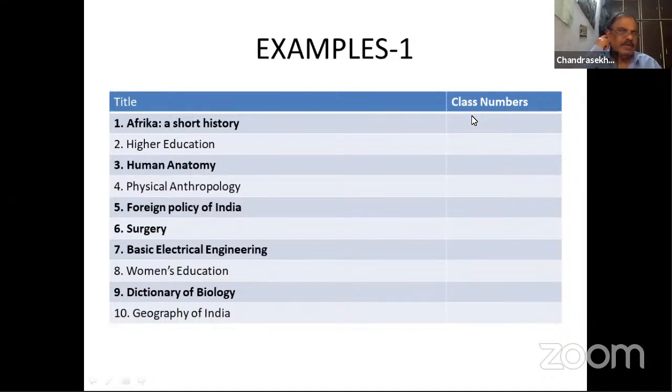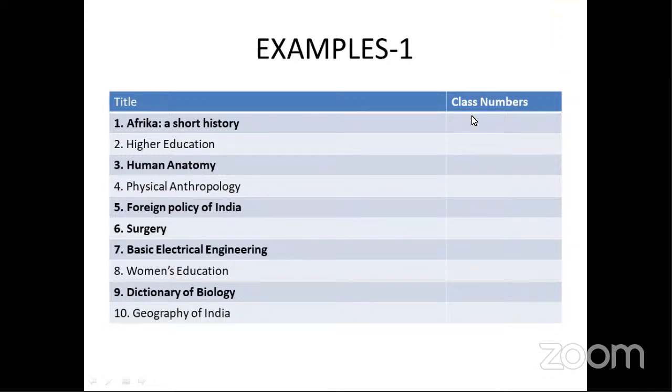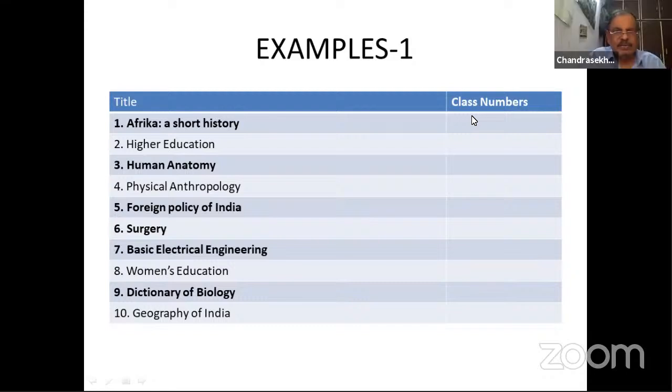Then go to the second summary and find out under 900.